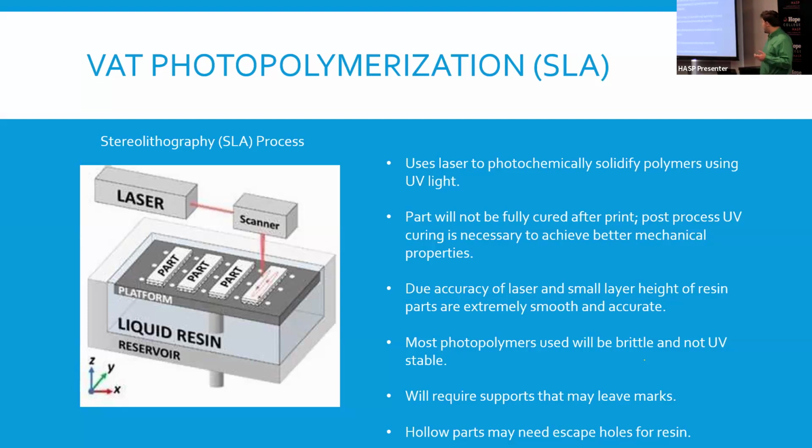However, this has been combated with, in recent years, I should say, certain polymers coming out that have more of a rubbery characteristic to them. So these will require support material that may leave marks, which we'll see in the next slide.